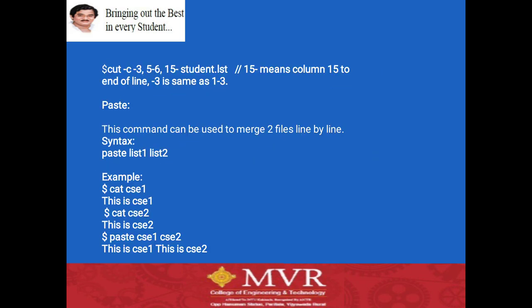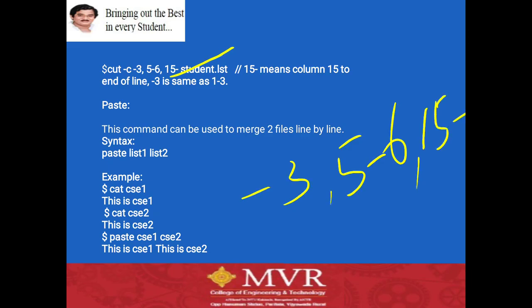And you can also use the cut command like this. So this means cut minus c minus 3, I have specified minus 3, then comma 5 to 6 comma 15 hyphen. What you need to remember is, if you are using the hyphen symbol without anything before it, that means from the starting.